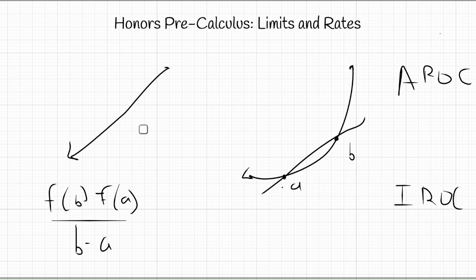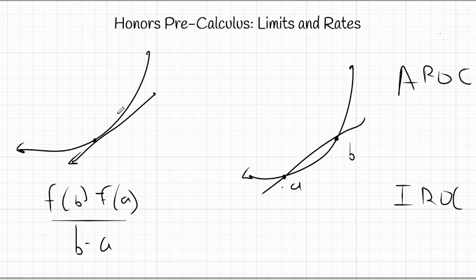IROC is a bit more complicated though. IROC is trying to find at this point A the tangent line which intersects it only once, as opposed to the secant line which intersects the curve twice. In circles, in geometry, when we learned about circles, the tangent intersects the circle only once. The secant intersected it twice. This is the same thing with curves.